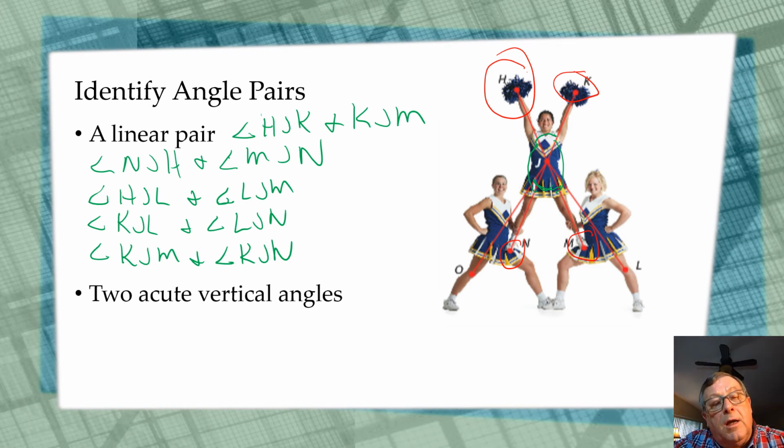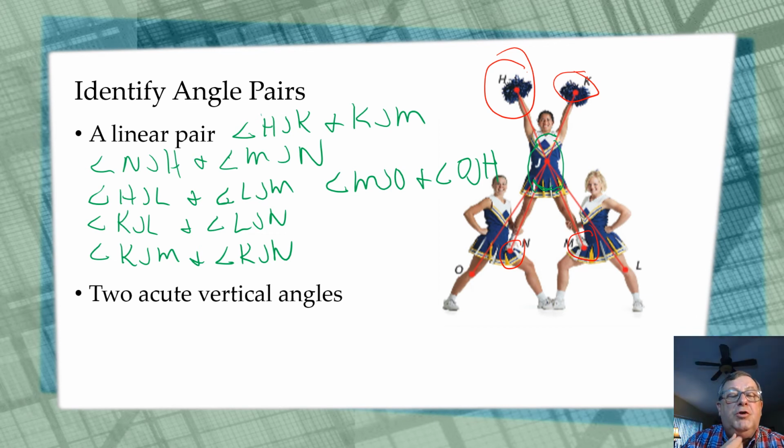MJO and OJH form a linear pair. I got it, 1, 2, 3, 4, 5, 6. That should be all of them. Okay, there we go. Linear pair: two adjacent angles that together form a straight line. They're supplementary. They're equal to 180 degrees.